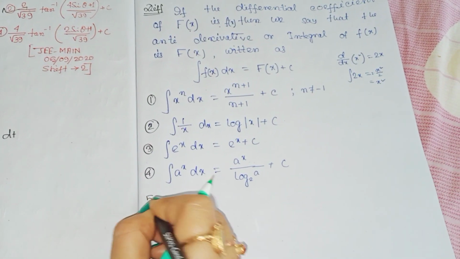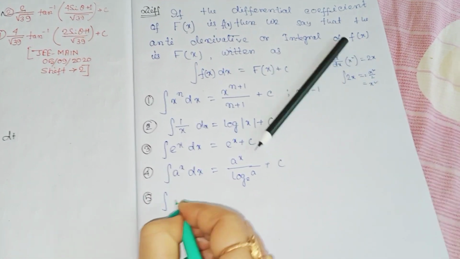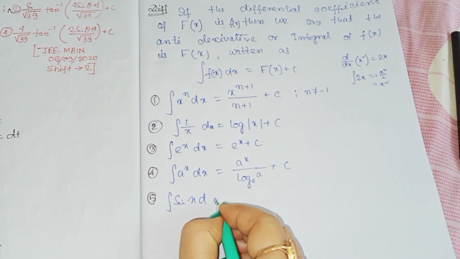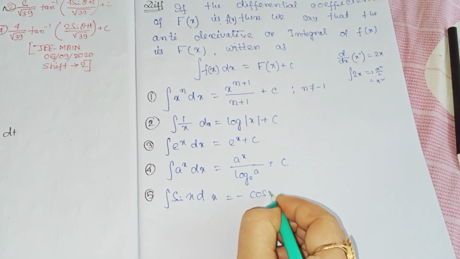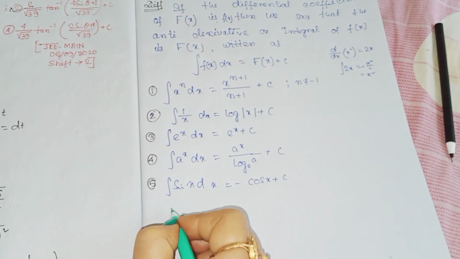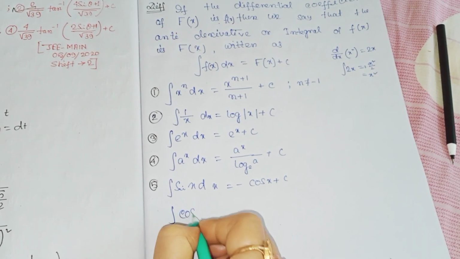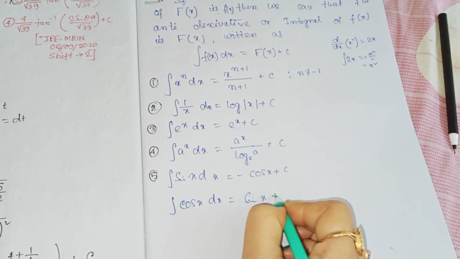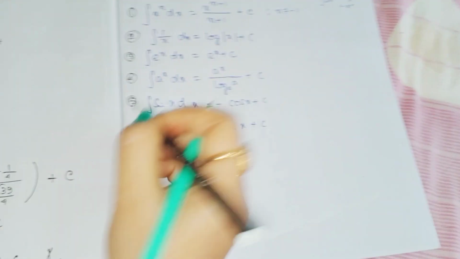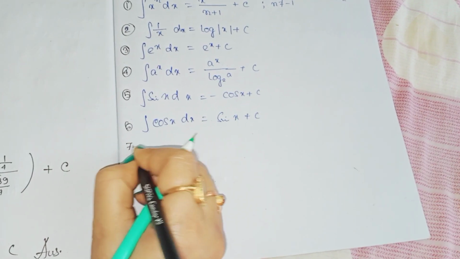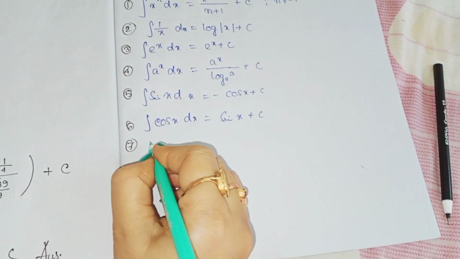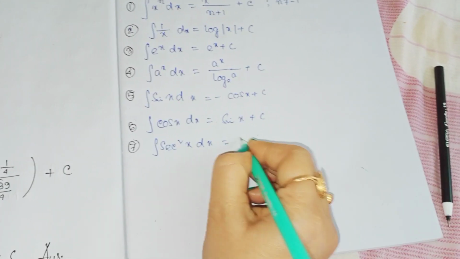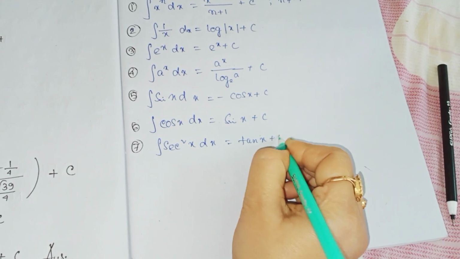Fifth, now some trigonometric functions: integration sin x dx is equal to minus cos x plus c. Number 6, integration cos x dx is sin x plus c. Number 7, integration sec square x dx is equal to tan x plus c.